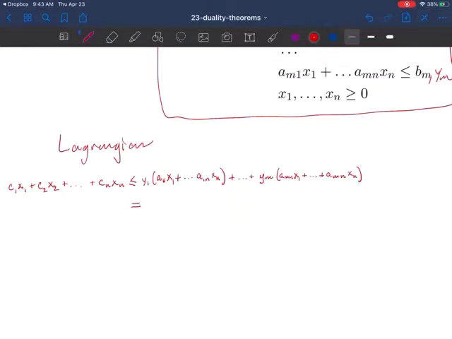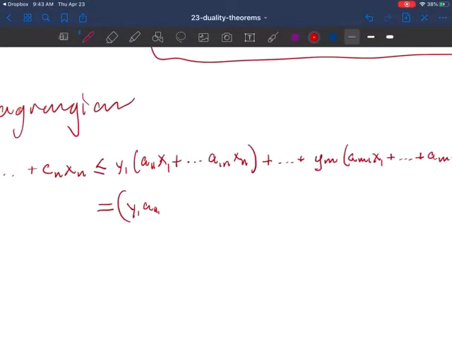Essentially, it's summing the y1 through ym, each multiplied by the aij's, where now it's the first index which is varying, and the last index which stays the same. The last index is associated with x1, and the first index is associated with the y's.